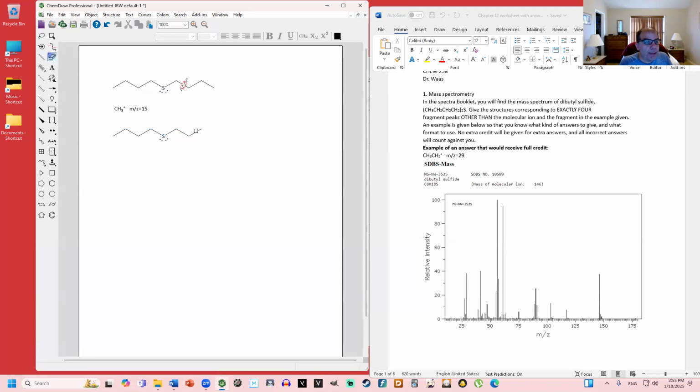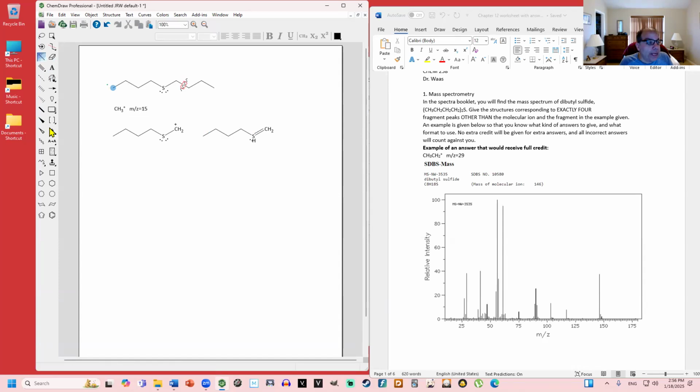If we break that bond there, then that's going to lead to a fragment with a plus charge on that carbon. That's only one way to draw it. This is a resonance-stabilized carbocation. We showed some examples of this yesterday in class.